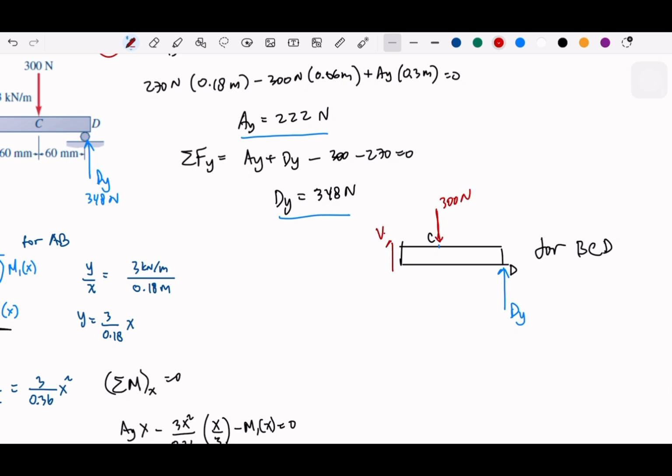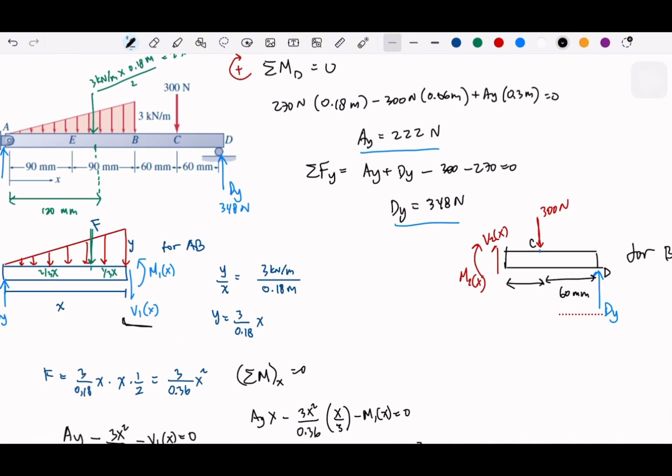And this will be V2 of x and M2 of x. And we have here the 60 millimeter, or rather 0.06 meter, and we have here 240, but I will take this as x, so this will be 0.24 minus x meter.